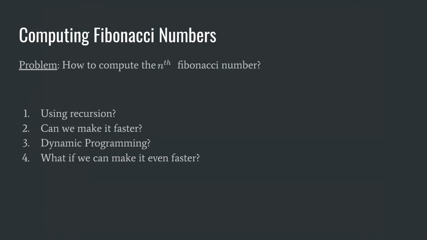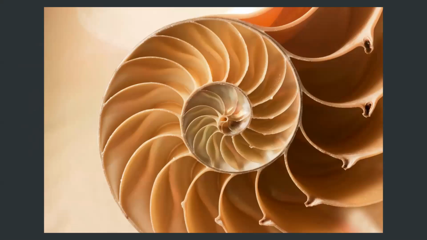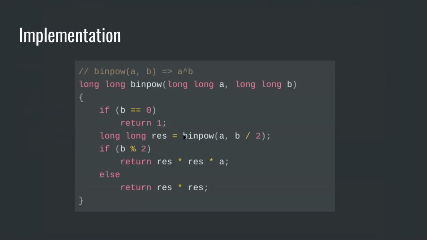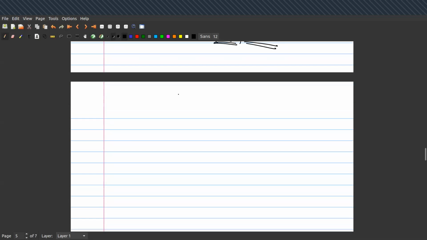Now let's talk about Fibonacci numbers. Okay, before Fibonacci, let me tell you, if the final result we wanted is x to the power b mod something, this value can get very high.